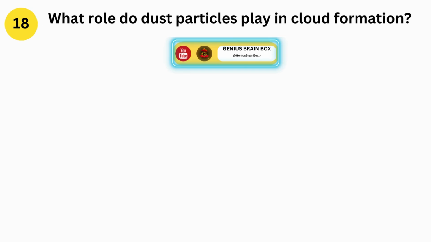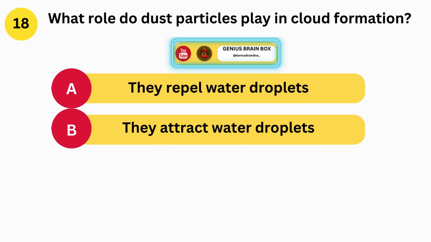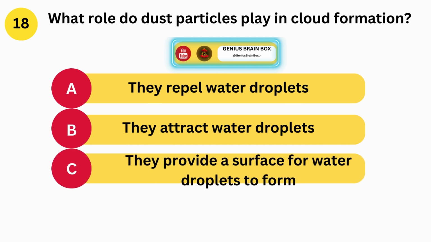What role do dust particles play in cloud formation? Option A. They repel water droplets. Option B. They attract water droplets. Option C. They provide a surface for water droplets to form.